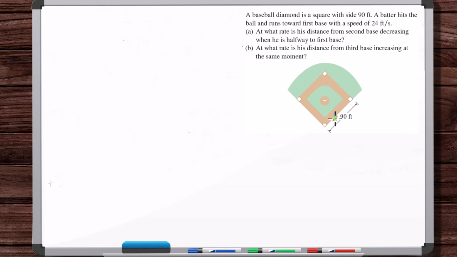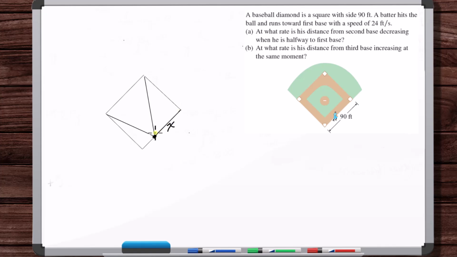So if we draw the baseball diamond, in general, we're going to draw the most general case. Let's say the player is here, just somewhere along the first baseline. So we have his distance from first, his distance from second, and then we will also put third as well. We'll call this X. That's this distance.